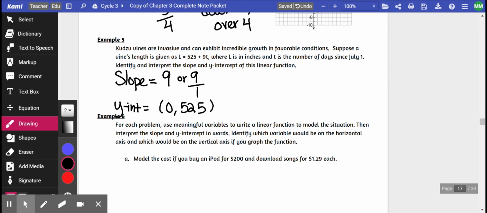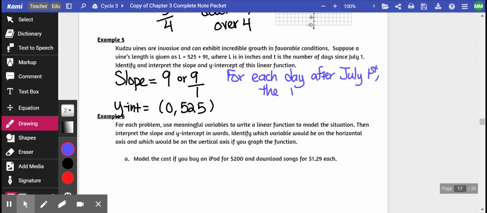Okay, so we're going to also interpret what that would mean. So when you look at the slope, you want to think of it as it's 9 what per what. And so when we look at this, it's going to be with inches and days. So we can say that for each day after July 1st, the vine grows 9 inches.